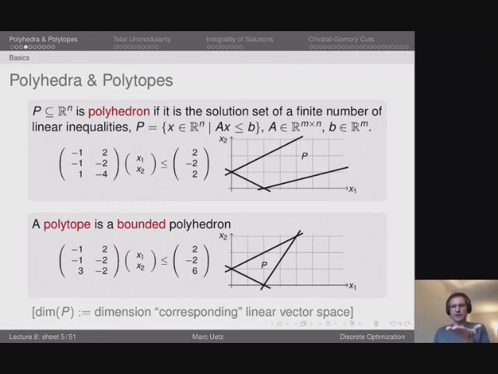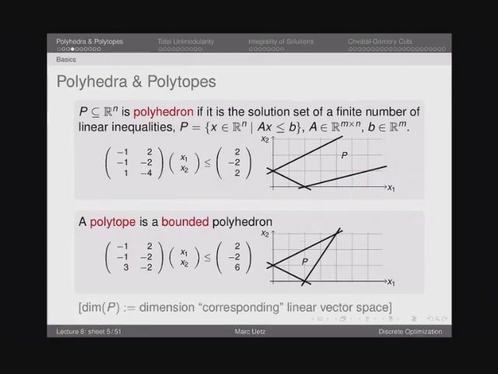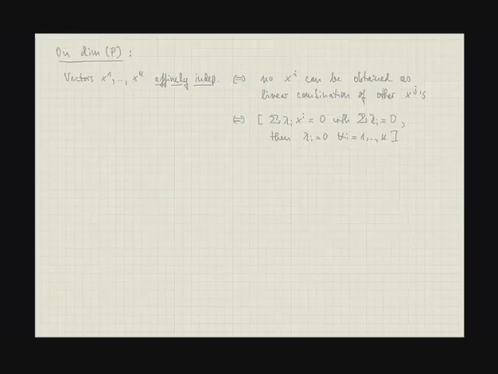I mean, it's like flat objects, which kind of correspond to some subset of a hyperplane. A 1-dimensional object in R2 would be a single line, and a 0-dimensional object would be a single point, for instance.